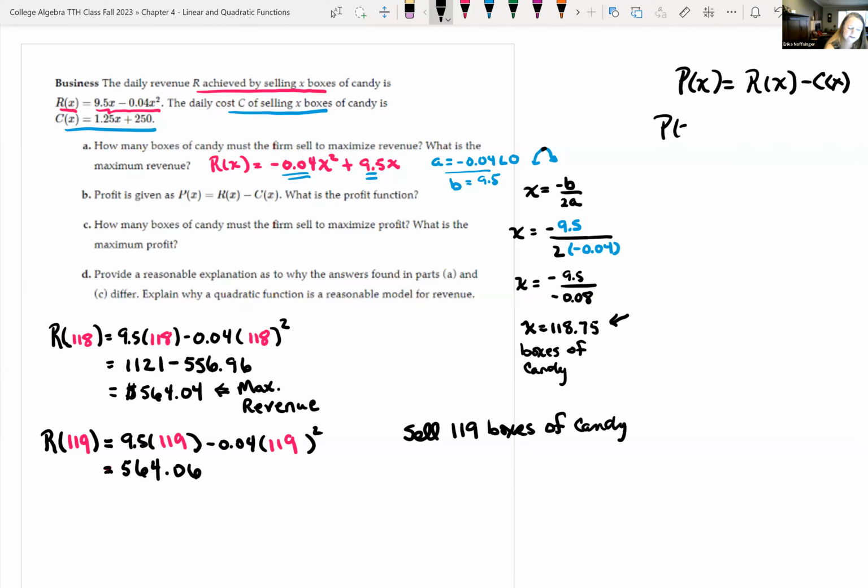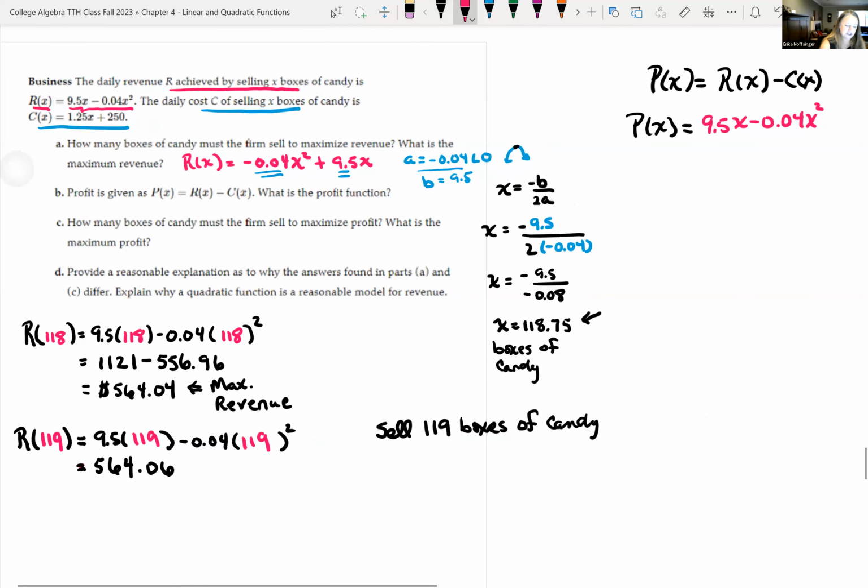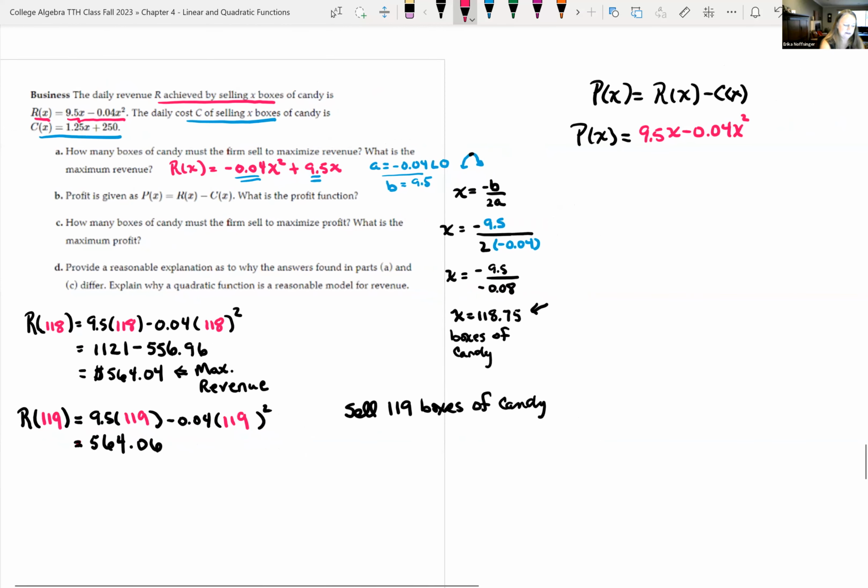So our profit function is equal to the revenue function, which was 9.5x minus 0.04x squared, minus the cost function. So be careful here, that negative is going to be distributed to each term in our cost function. So we need parentheses around the whole cost function.